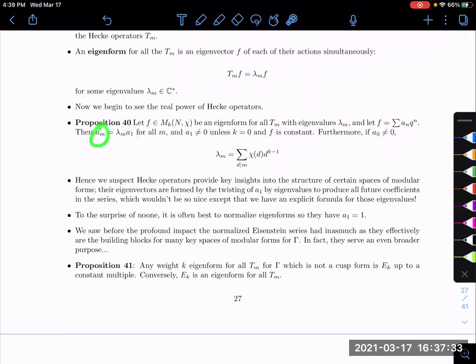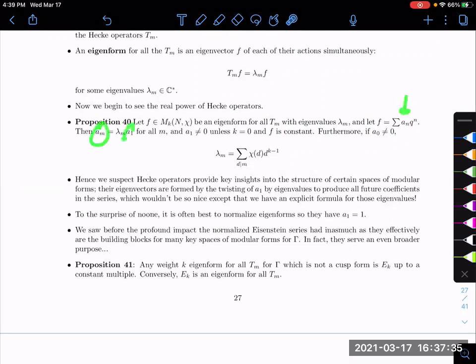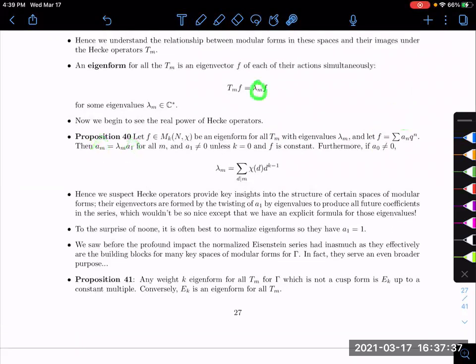It's like you're able to get all these coefficients by just twisting a sub 1 by the eigenvalues, which wouldn't even be that interesting, right? Except that we have a formula for the eigenvalues, which is just crazy to me.